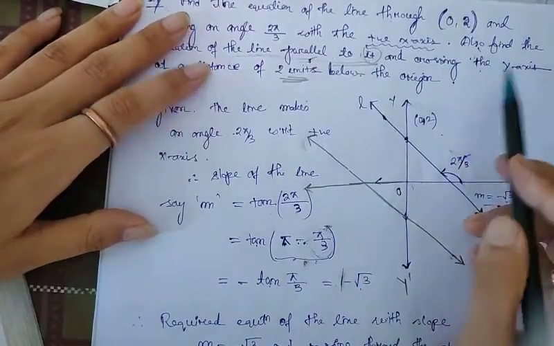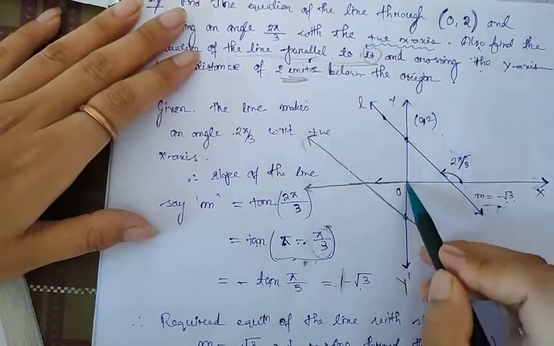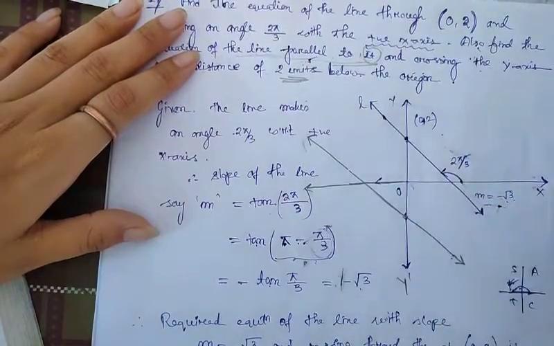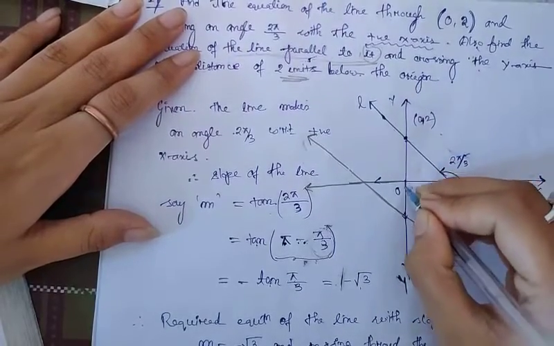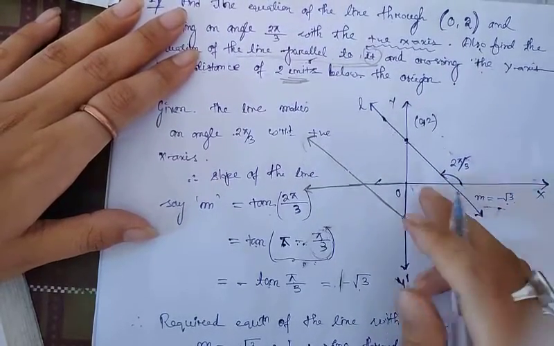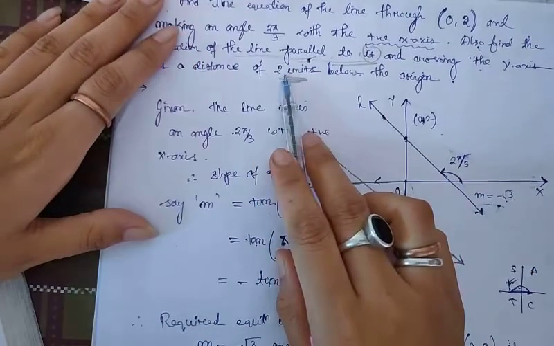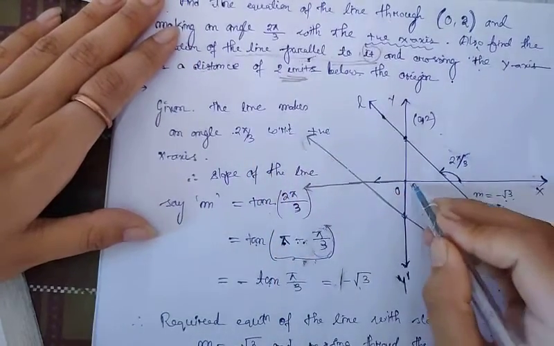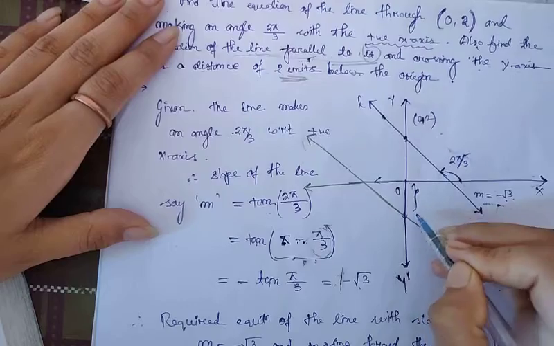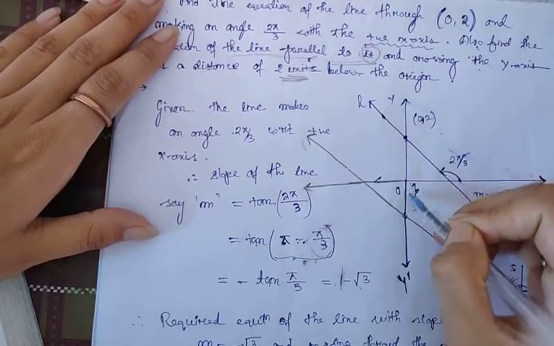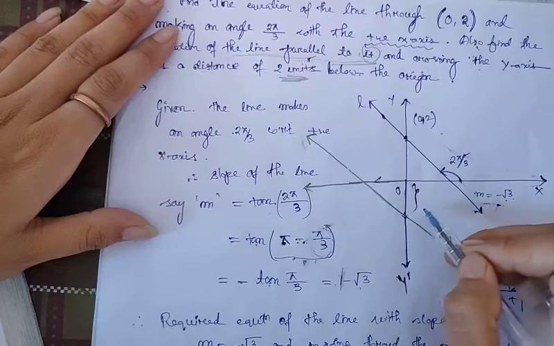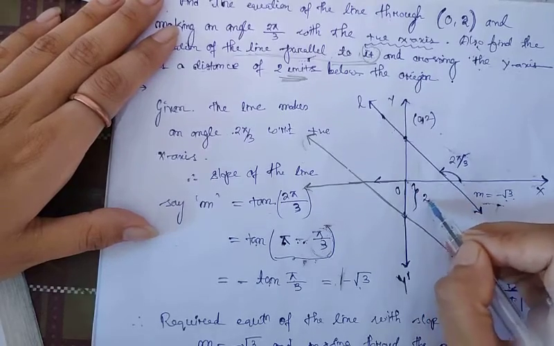Parallel and crossing the y axis, this is your y axis, crossing the y axis at a distance of 2 units below the origin. We say below the origin because we have come down from the origin, 2 units, so the distance is 2.